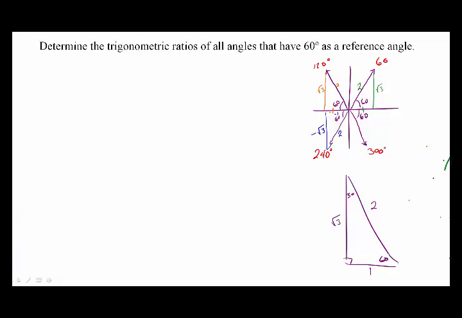What are my trig ratios? So, SOH CAH TOA. For 60 degrees, sine 60 is equal to? We're dealing with the green one right here.